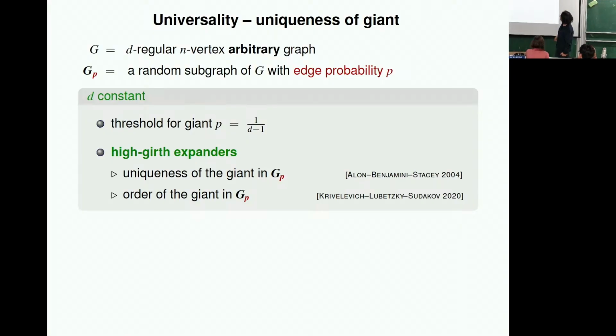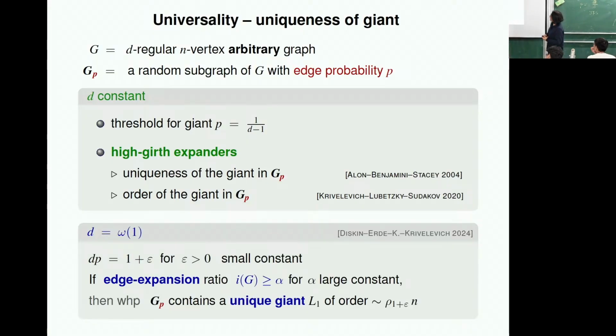And for high-girth expanders, I told you that the expansion parameter is constant. Then the uniqueness is guaranteed, and the order of the giant has been studied by various combinations of big shots in random graph theory. It's a very fundamental question about the uniqueness of the giant and the order of the giant. It's very much studied in the literature when D was constant, and then because of the inspiration coming from the high-dimensional hypercube, we look at when D is not a constant.